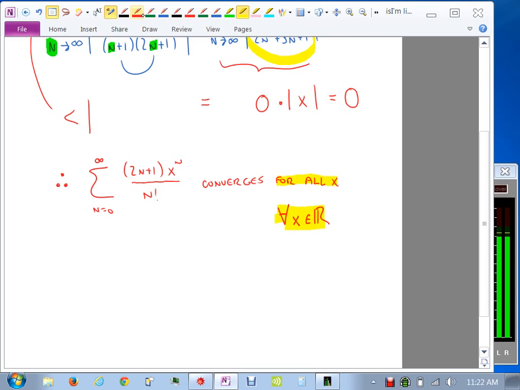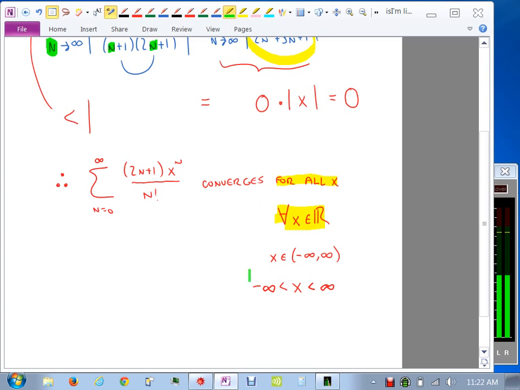You can say, if x is an element of the interval negative infinity to infinity. Or you could say x greater than negative infinity, less than infinity.